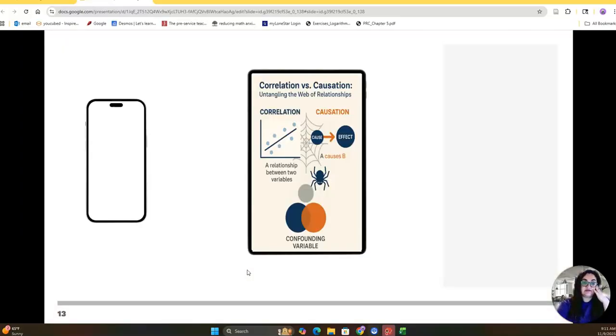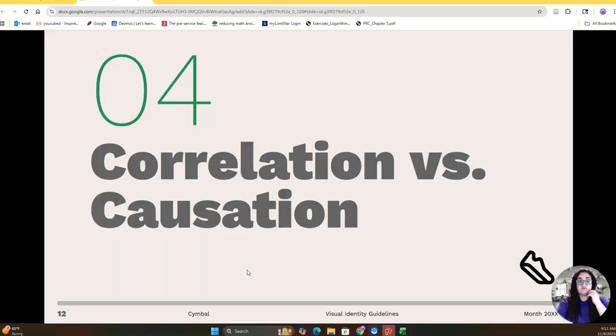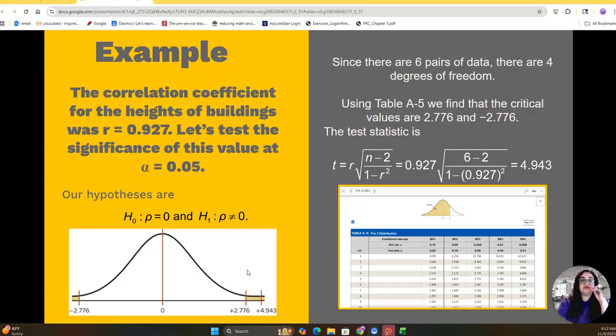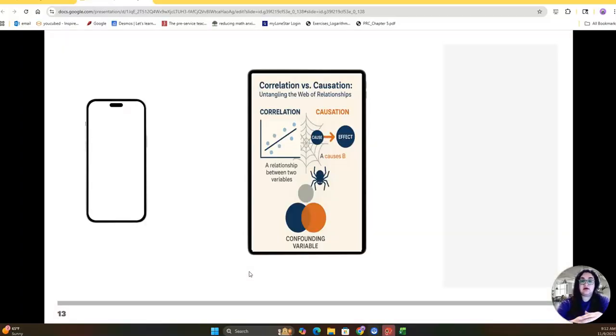Okay, the last thing in this video is correlation versus causation. Just because these two things are correlated does not mean that one causes the other to happen. There is a big difference in finding the relationship between a variable and saying that because this variable happened, this other thing is always going to happen.